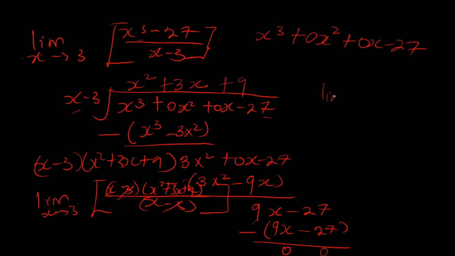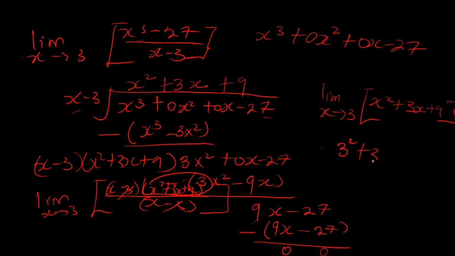And you have the limit as x approaches 3 of what is left here, which is x squared plus 3x plus 9. So this has been simplified as far as possible. You can just do a direct substitution at this point. We have 3 squared plus 3 times 3 plus 9. We have 9 plus 9 plus 9, which is equivalent to 27.